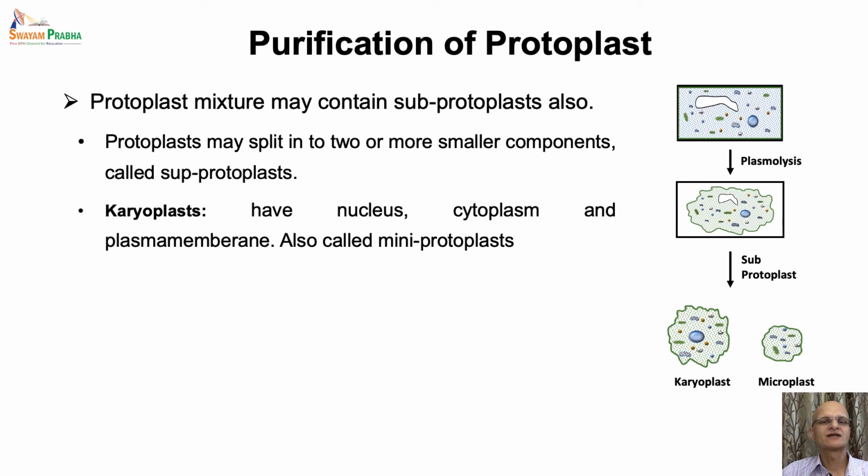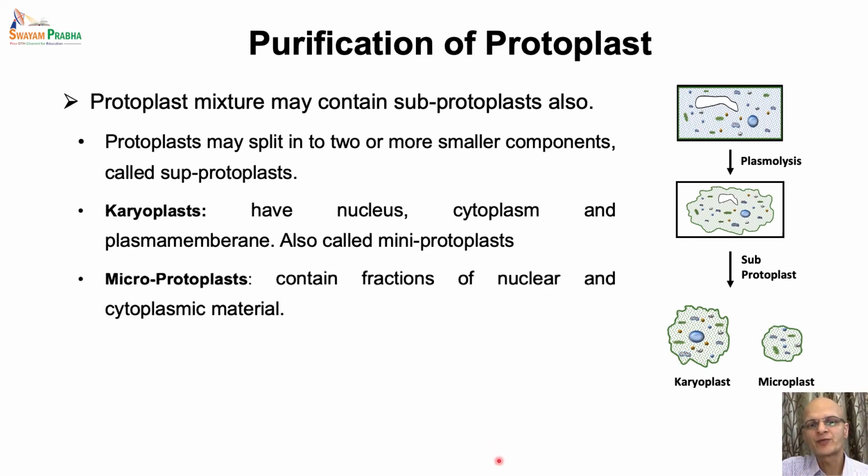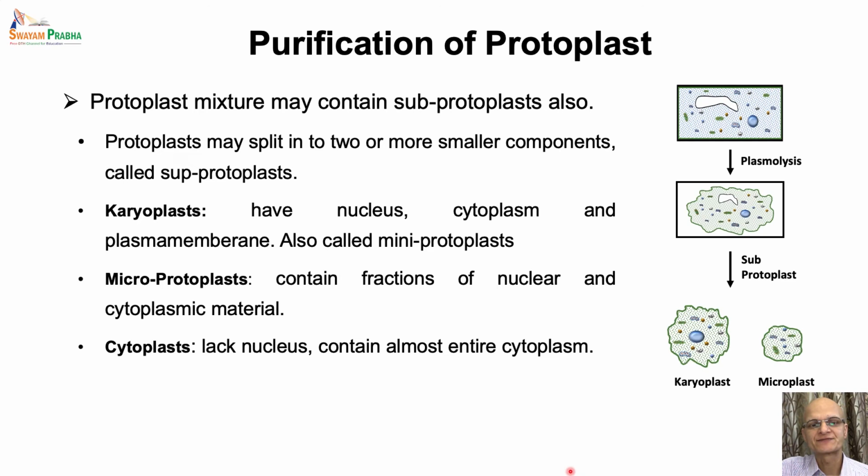The first one are the karyoplasts. So if the subunits formed by splitting of the protoplast have the original nucleus, which is surrounded by some amount of cytoplasm and the plasma membrane, this structure is called the karyoplast. These are also called mini protoplasts. Another one are the microprotoplasts. If these subprotoplasts contain only a fraction of the nuclear material and little cytoplasm along with the plasma membrane, these are called microprotoplasts.